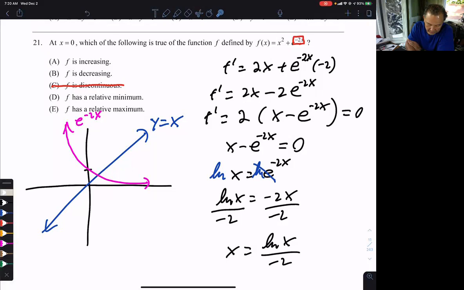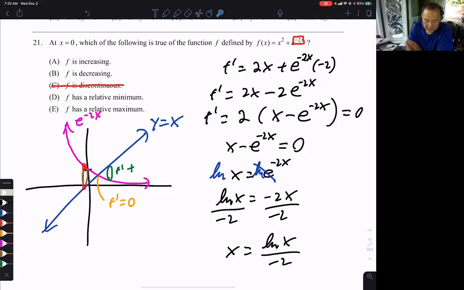So let me write this down here. There, f prime is going to be 0. Okay? And let's look right here. F prime there is going to be positive. Now let's look on the other side here. Let's do, what color haven't I used? Brown. Right here, if you do x minus that, you're doing the blue minus the fuchsia.